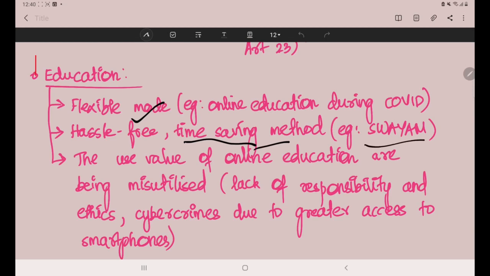So Swayam channels are an initiative recently taken by the government. This is dealing with online education, and the use value of online education is being misutilized because there is a lack of responsibility. See, with the advent of online education, we can see a responsibility deficit on the part of teachers and students.